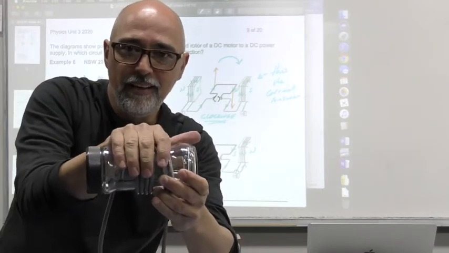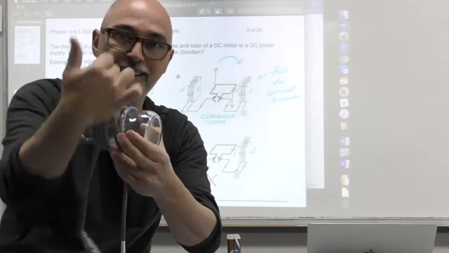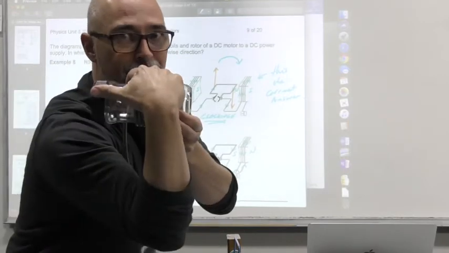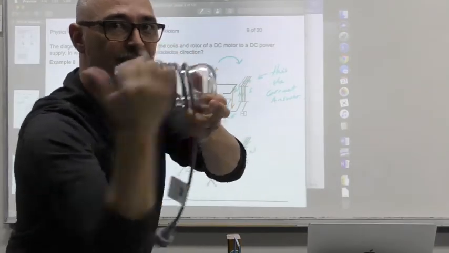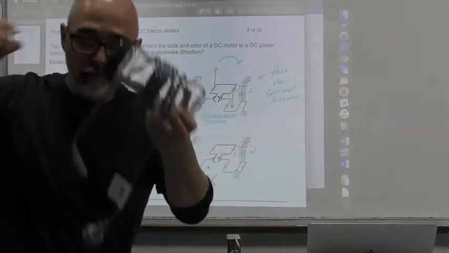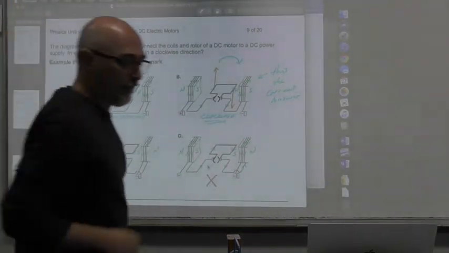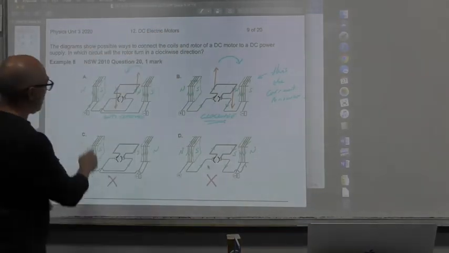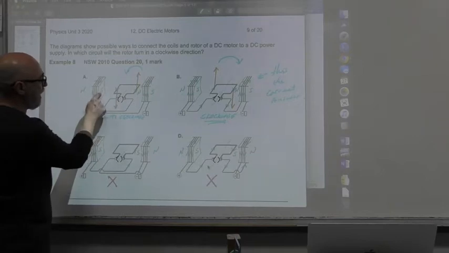If I flip it around and the current is now moving up for you and down for me, again, in your orientation and in mine, that's north. If you get that, this is really easy. If the current's moving that direction, that's the north end, and that's the south end, so I stuck an S there.